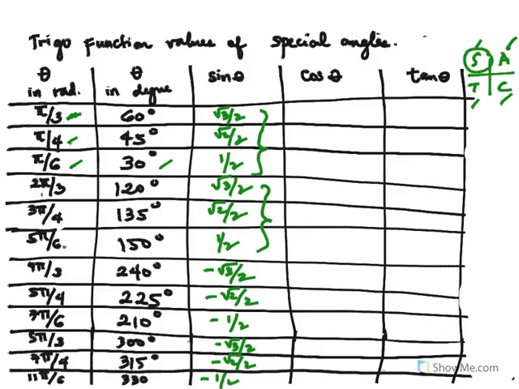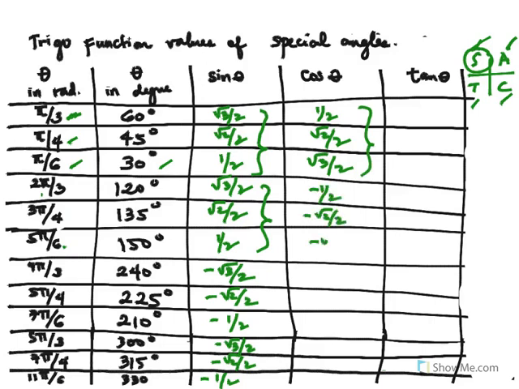Pagdating sa cosine, cosine pi over 3, it's just reversed, right? So this one is 1/2, and then this one is square root of 3 over 2, and pi over 4 is square root of 2 over 2 also. In the second quadrant, because cosine is negative in the second quadrant, the set of values is the same, but negative.